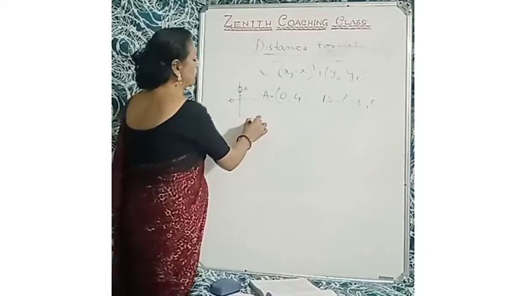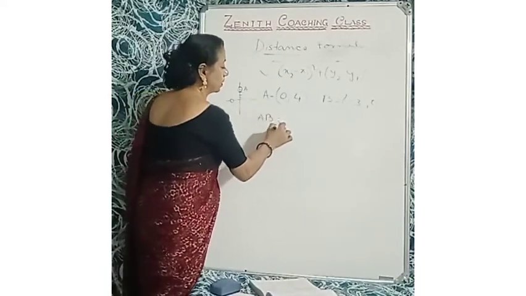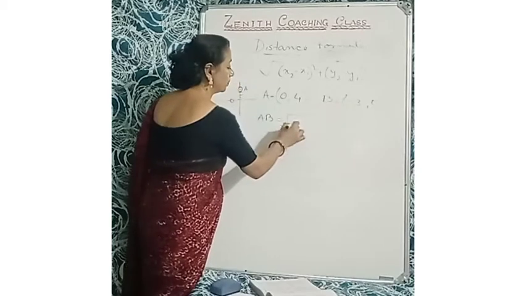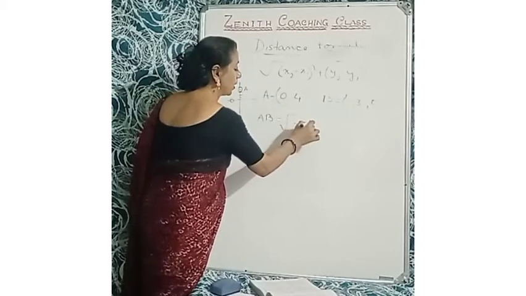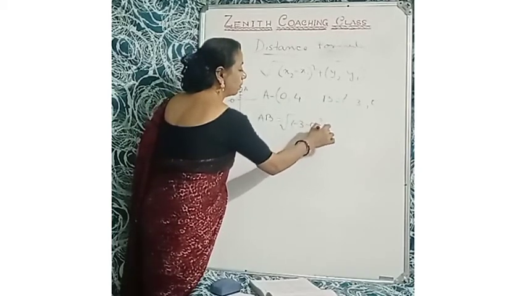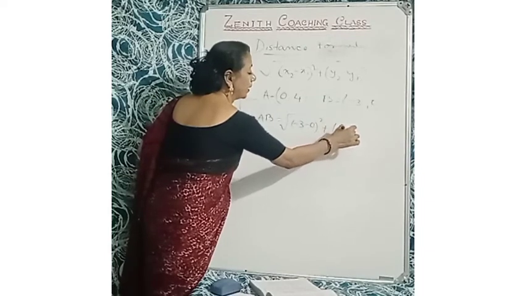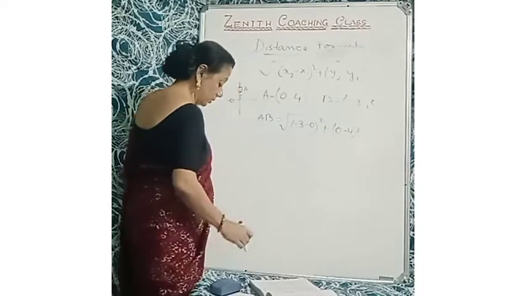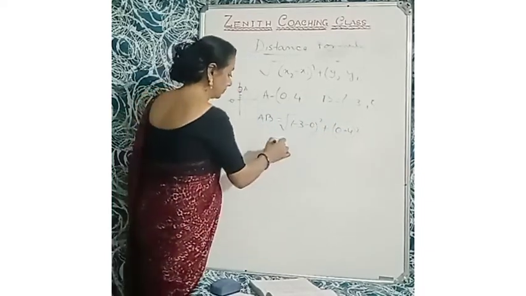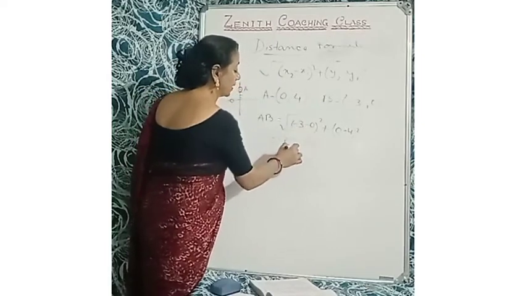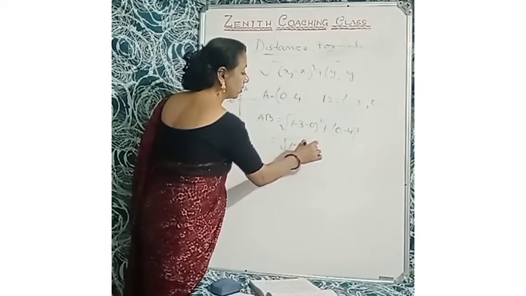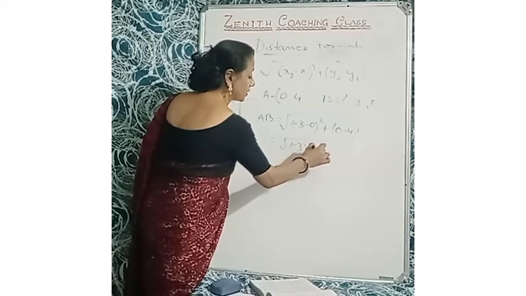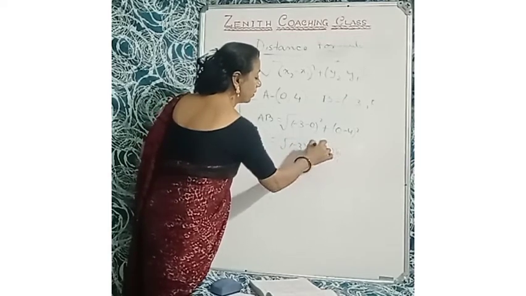So AB is the square root of (x2 minus x1) whole square plus (y2 minus y1) whole square. Then minus 3 minus 0, that is minus 3 square, plus minus 4 square.